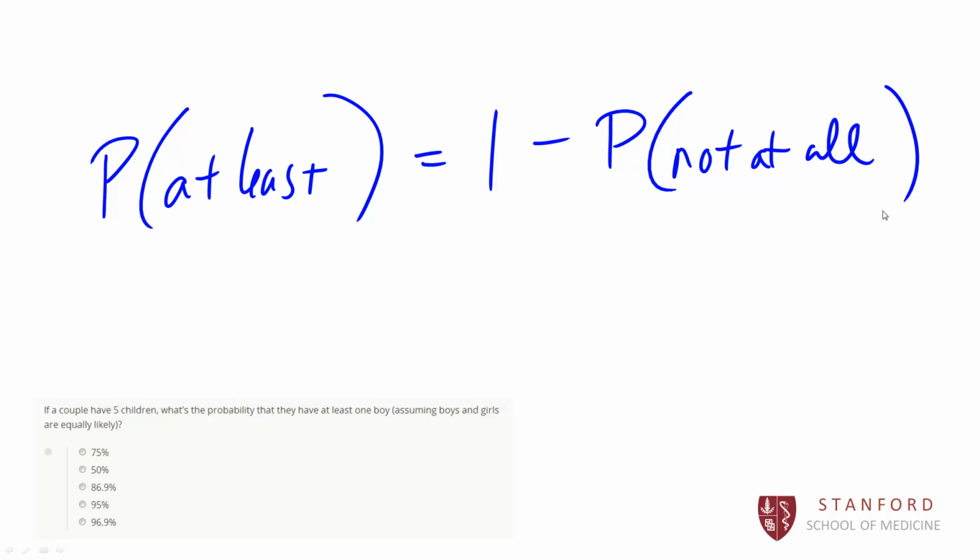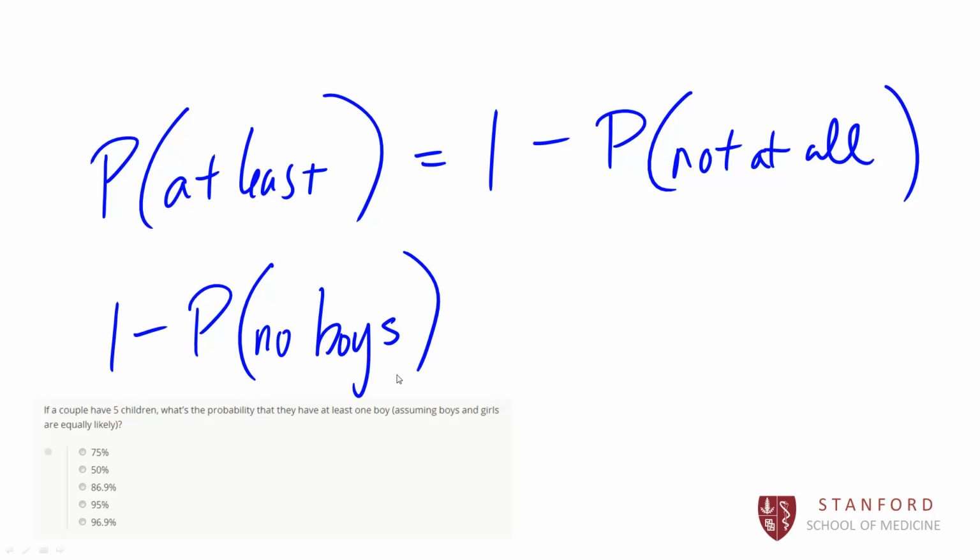Again, you're clued into the fact that it's an at least type problem because of the wording in the question. What's the probability that they have at least one boy? So this probability is represented by 1 minus the probability of no boys at all, right? So that's equal to 1 minus 50% raised to the 5.